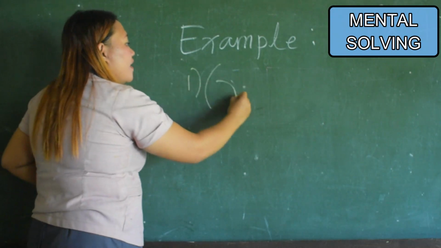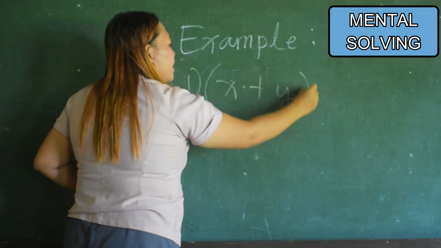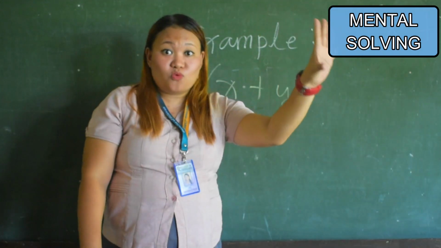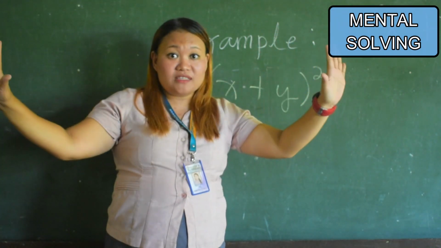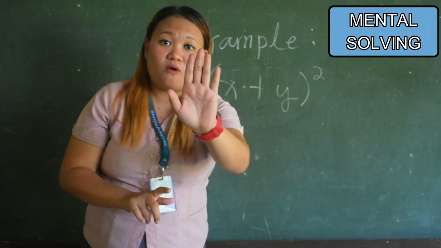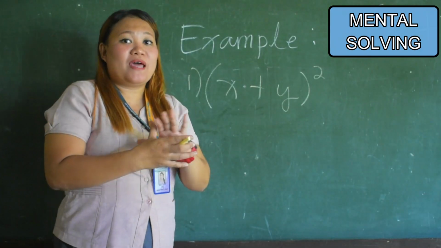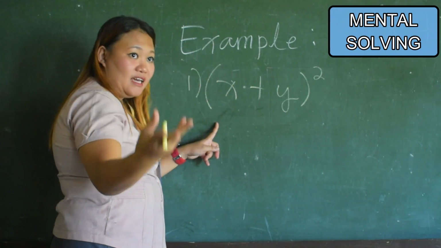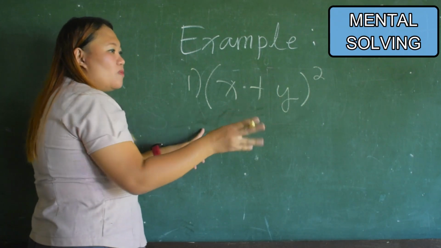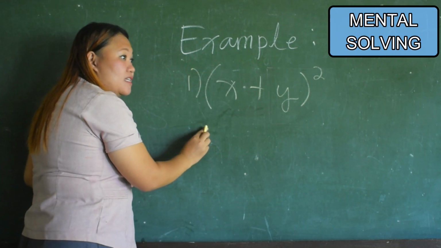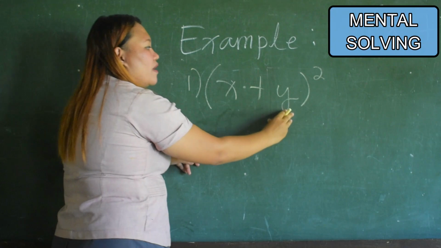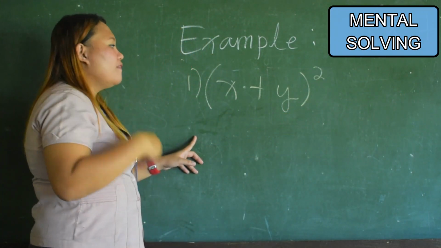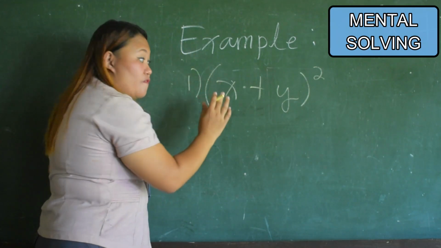The quantity of x plus y squared. Applying the pattern, we have square the first, square the second, twice the product of first and second. The first term is, okay, very good, x. So you will square the first term, which is x squared, and then square the second term, we have y squared, very good, and then twice the product of first and second.